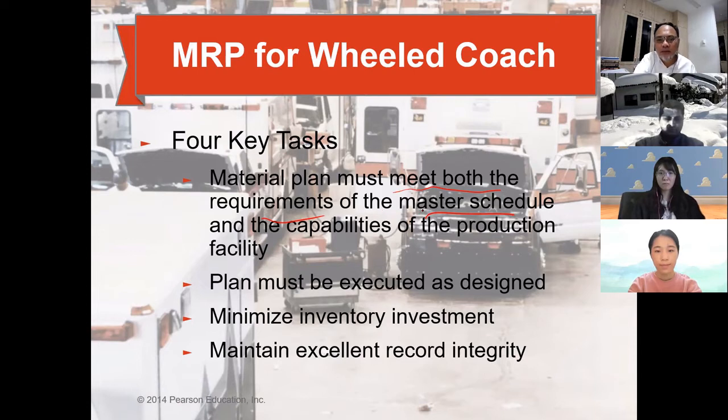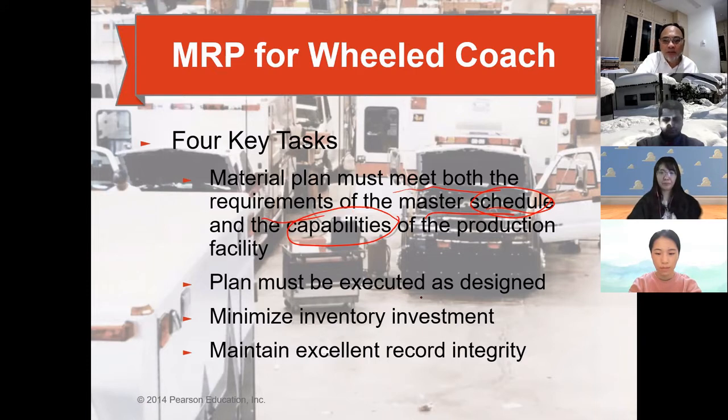So the requirements must meet the master schedule, and the capabilities of the production facility. In this case, you cannot subcontract out the ambulance, all are going to be produced inside. But the components, yes, will be sourced from suppliers.